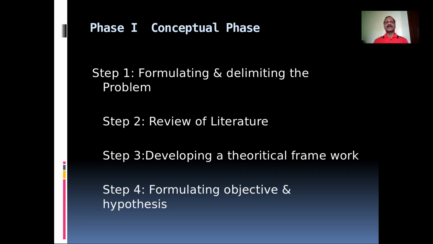Research, we have learned, is a problem solving process. It's a process which consists of several steps, and all these steps are equally important and connected to each other.